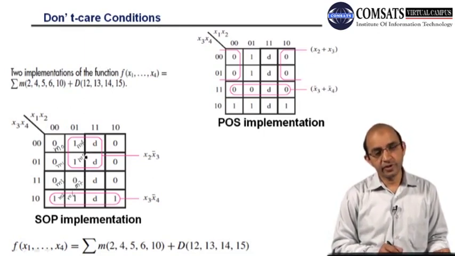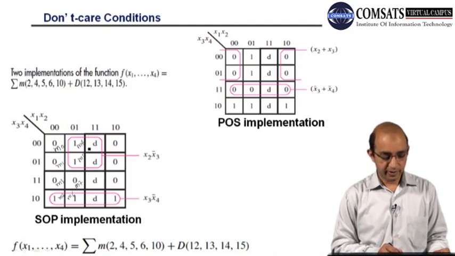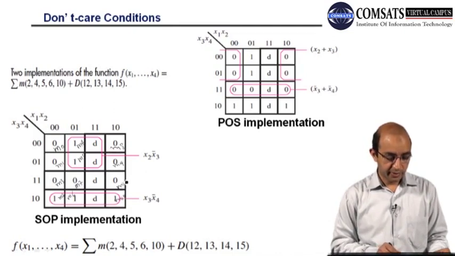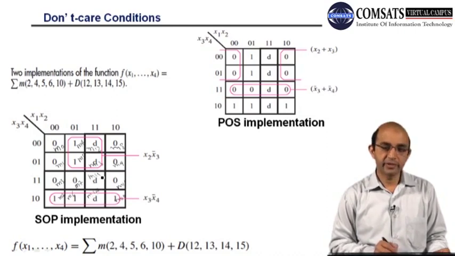As we have to follow the gray code sequence, you can see that here I have jumped from this position to this position, and again I have to jump from this column to this column. So here I will be writing m8, m9, and here m10, m11, m12, m13, m14, and m15.